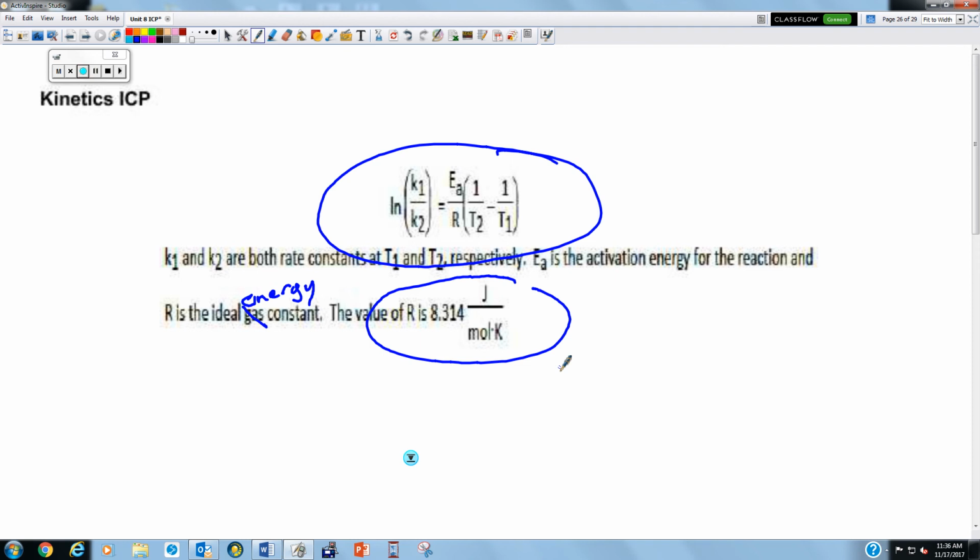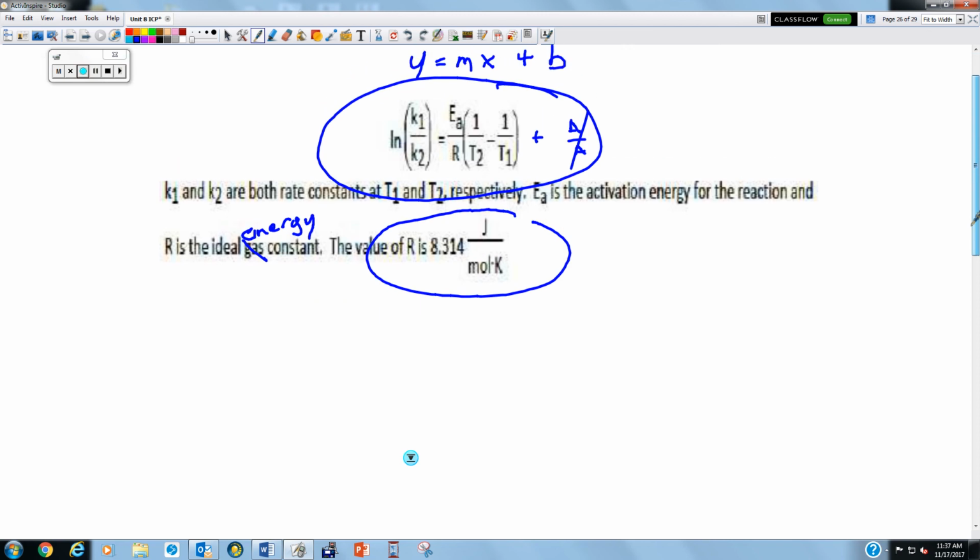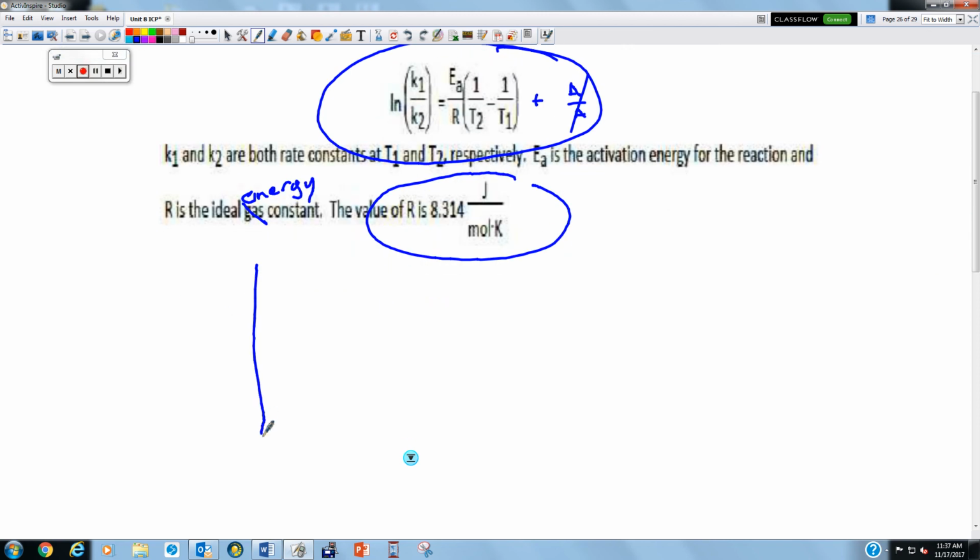Now, when you look at this as far as linearizing it, we have our y here. The Ea over R represents our m. 1 over T2 minus 1 over T1 represents our x. And then our plus b is actually plus the A that cancels out. So the A gets rid of itself in this equation, and that allows us to have a linear setup, which means we could potentially graph this.